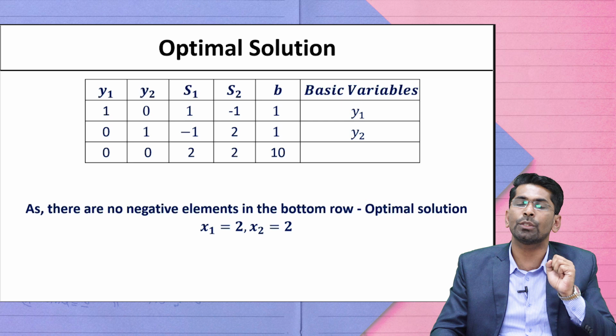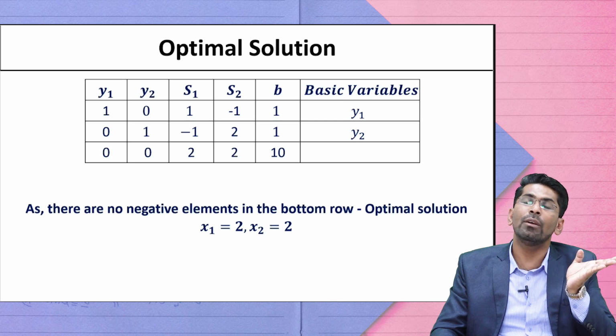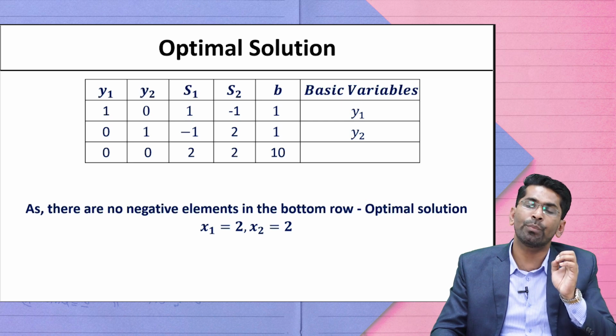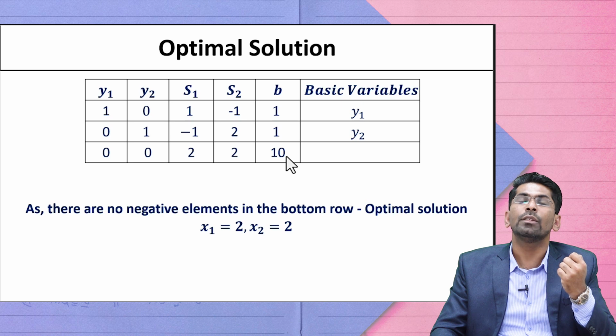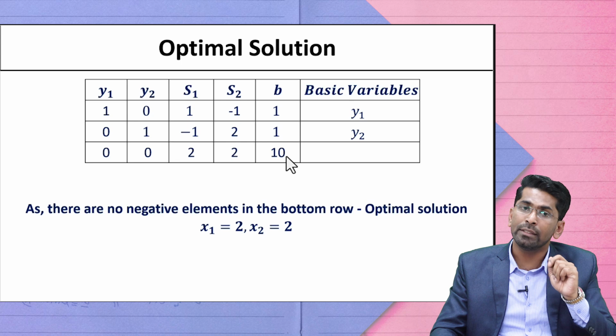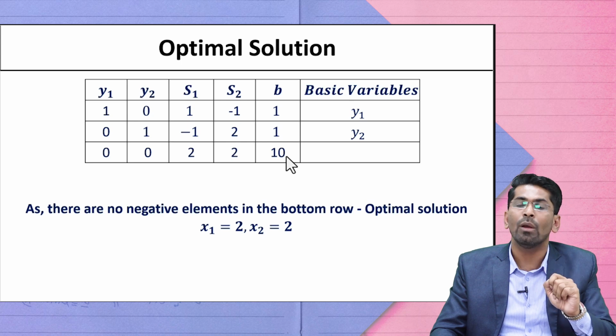Since the maximization value of z is equal to 10, what is the solution for the original problem? The original problem was minimization of cost, and we converted this minimization of cost problem into a maximization of profit problem. So here the maximum value of z is 10, and this 10 is also considered the solution for the original minimization problem, that is C is equal to 10. Why?